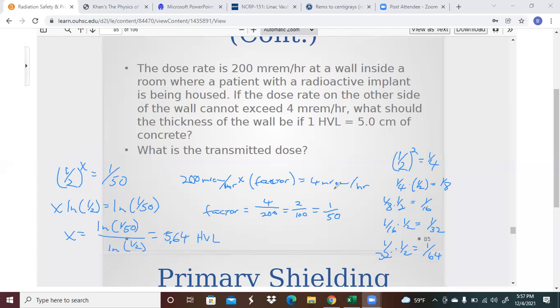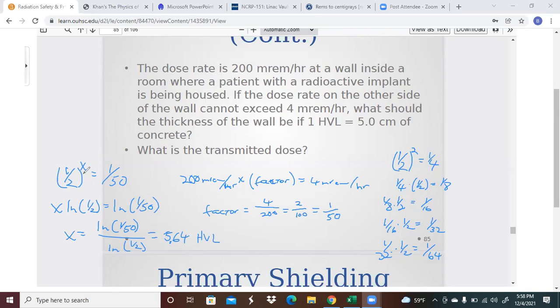Basically, if we're trying to cut this down to 4 millirem from 200, that factor has to be applied. So I take 4 divided by 200, which ends up being 2 divided by 100, or 1/50. So I take 1/2 raised to some power. I don't know what it is because I don't know how many half value layers I'm going to need. And that's going to equal 1/50.